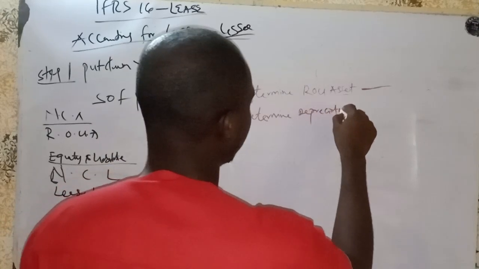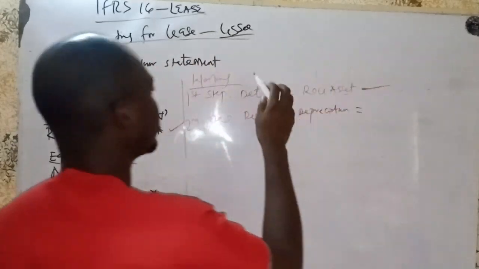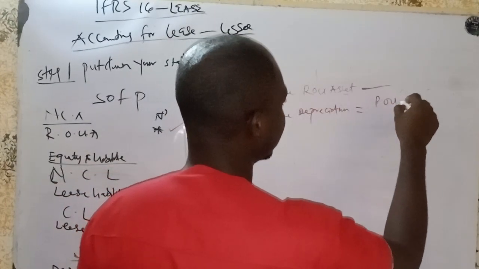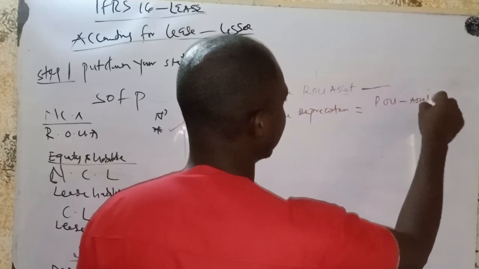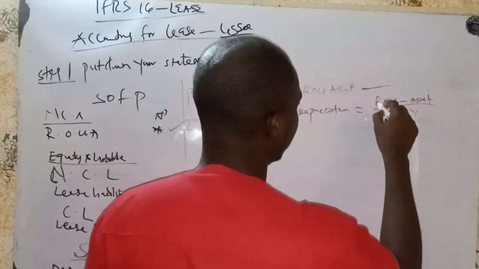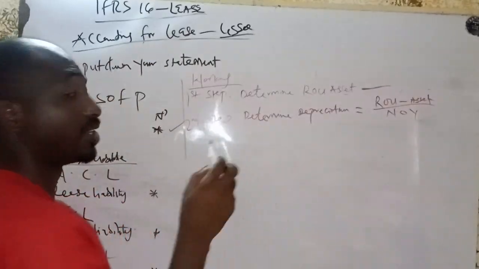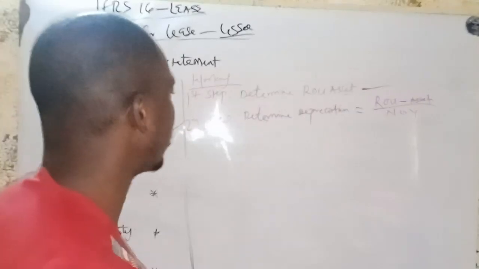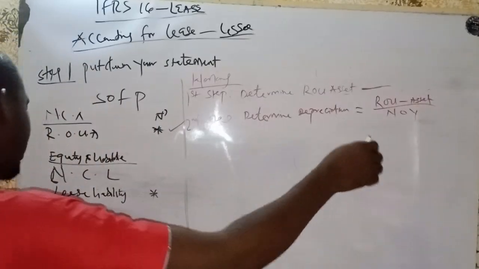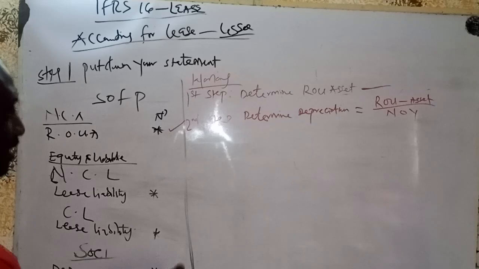Your depreciation is always going to be whatever value you get here, that is the right of use asset, divided by the number of years that the contract is going to stay. It will give you your depreciation charge for each of the year. Whatever you get there, you bring it here. So that will be your working.